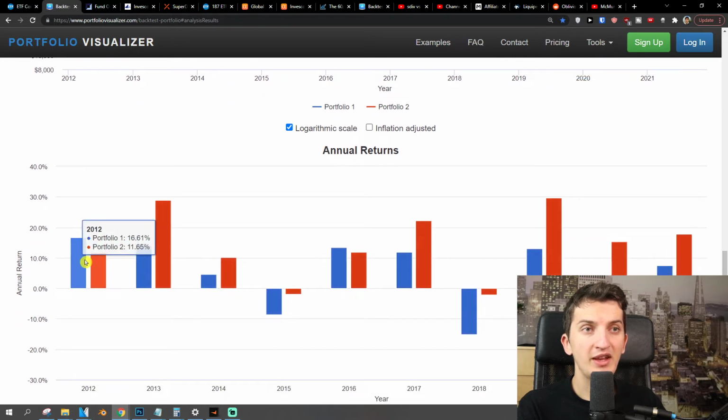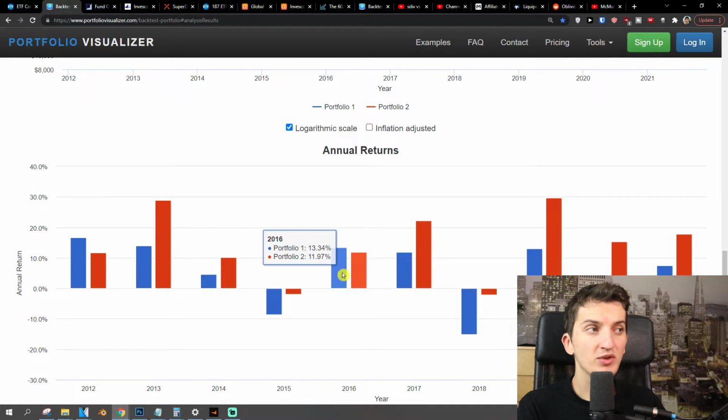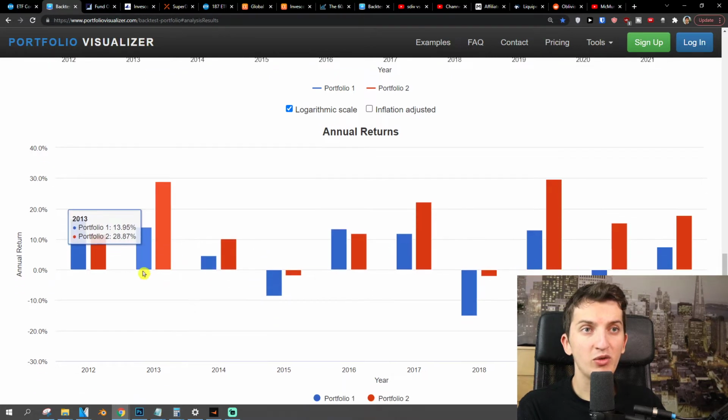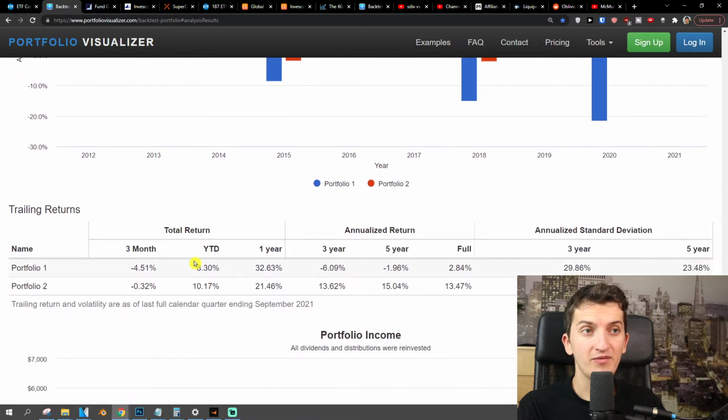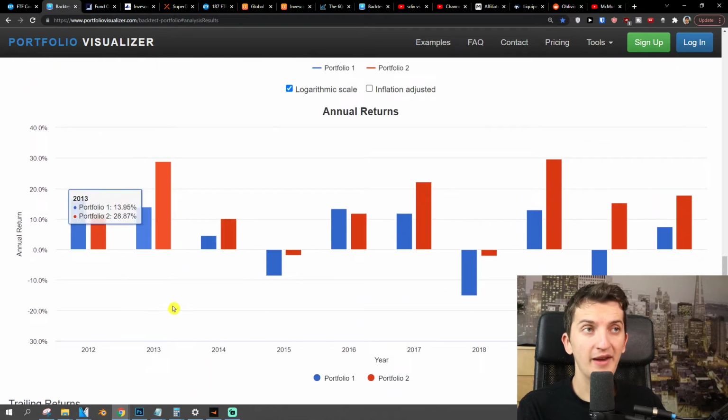Now you can see even 2012 and even 2016 was better comparing to VIG, but when you look on the 2013 here, and every single year it outperformed SDIV, right, pretty heavily.